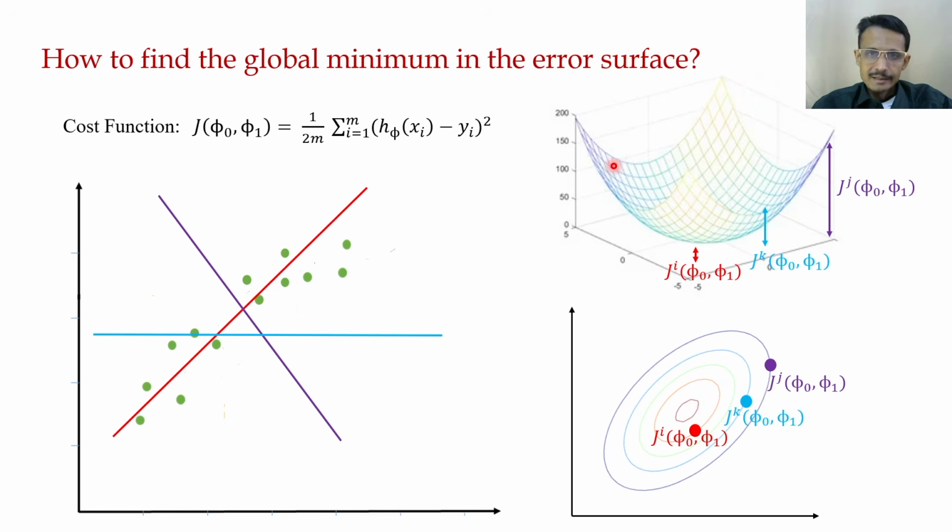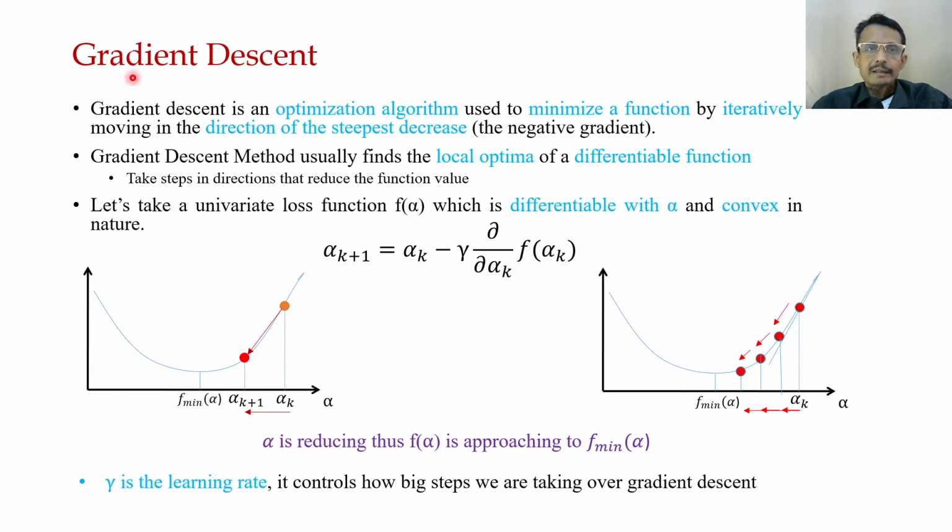Now the question is how we traverse from here to here to here. For this traversal we are going to introduce an algorithm called gradient descent. Gradient descent is an optimization algorithm which is used to minimize a function, here the cost function, by iteratively moving in the direction of steepest decrease.